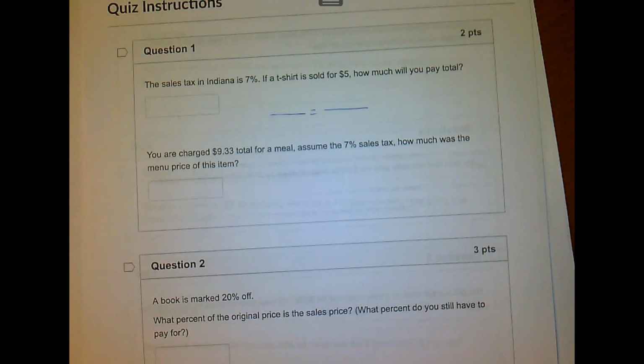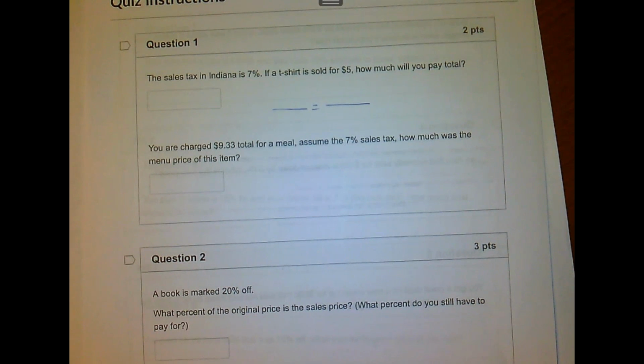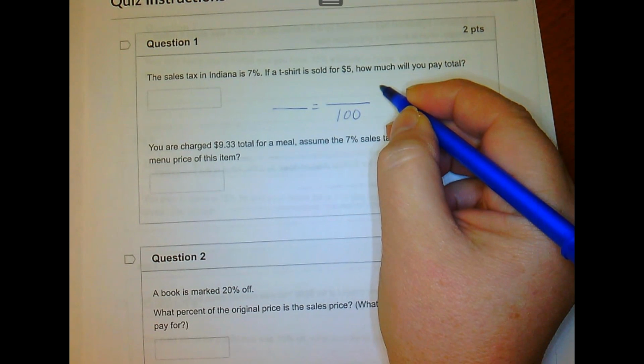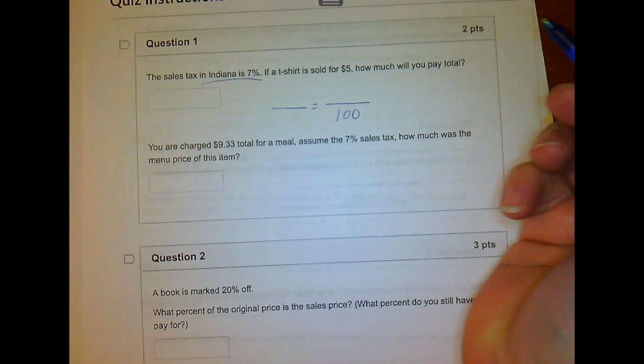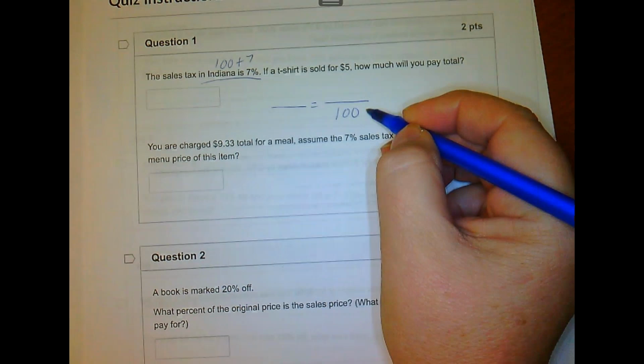What would this proportion be? I'd hope you know how to cross multiply. Just what would this be as a proportion? We have our 100. A tax means an increase, so that's 100 plus 7.